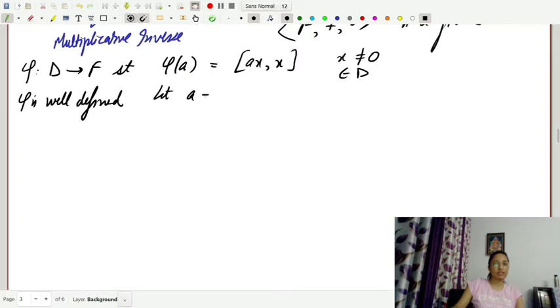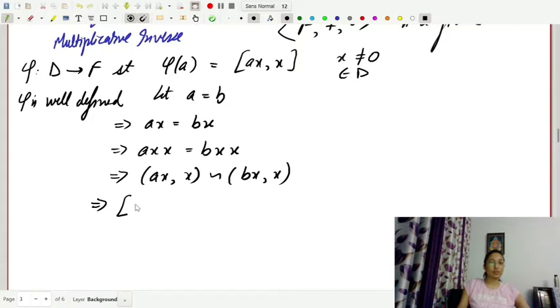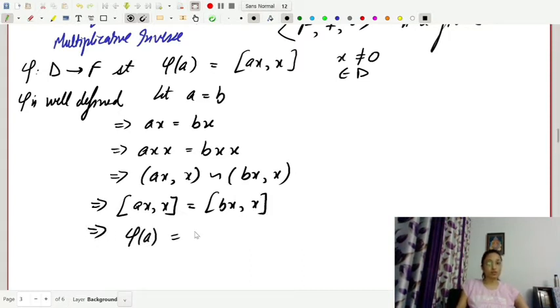Let a = b, then it implies ax = bx, which in turn implies ax · x = bx · x, which implies (ax, x) is related to (bx, x). That is, they are equivalent as equivalence classes are equal, which in turn implies phi(a) = phi(b), and therefore phi is well defined.